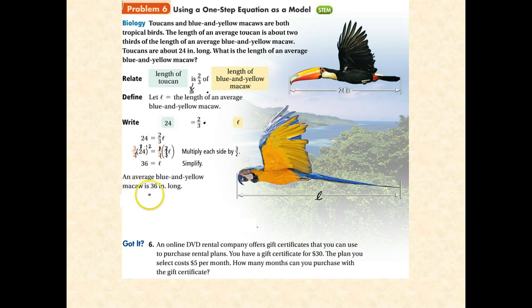So the average blue and yellow macaw is 36 inches long. And you can check by plugging 36 in for L. 36 is 3 times 12, so the 3's would cancel, and 2 times 12 is 24. So yes, the solution checks out.